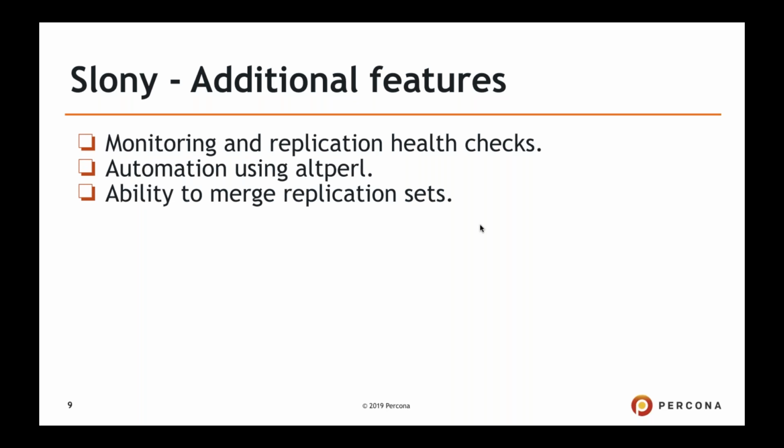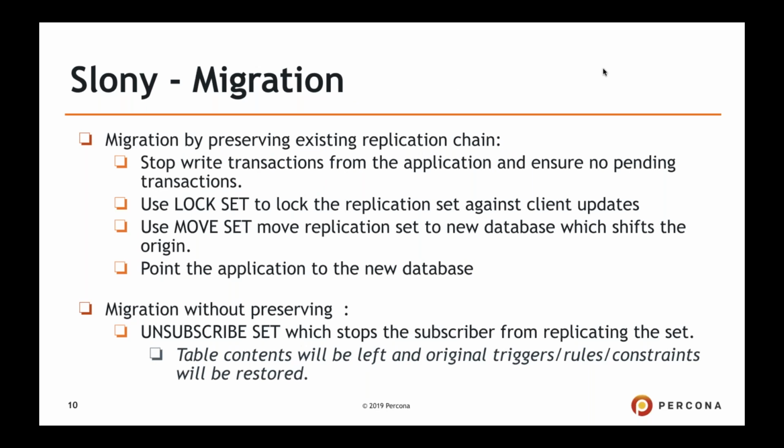Like Altoolkit is one of the tools which will prepare scripts. Slony can do the replication in multiple sets, and you can merge the sets later on. So these are some of the features you may really use when you deal with a very complex replication scenario. Okay, so you just need to keep in mind that it has a lot of features because it is pretty old and matured. Yeah, next slide.